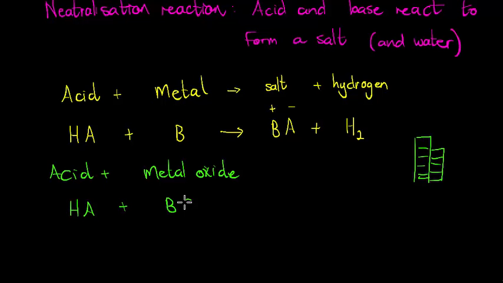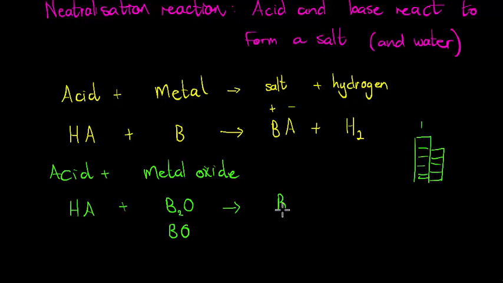A metal oxide would have this metal bonding with oxygen. If it is a metal from the first column, then it has one valence electron, and oxygen has 6 so it needs 2, so we'll need 2 of these. If it's a metal from the second column, it would be just like the cation and the anion. This will produce the salt.